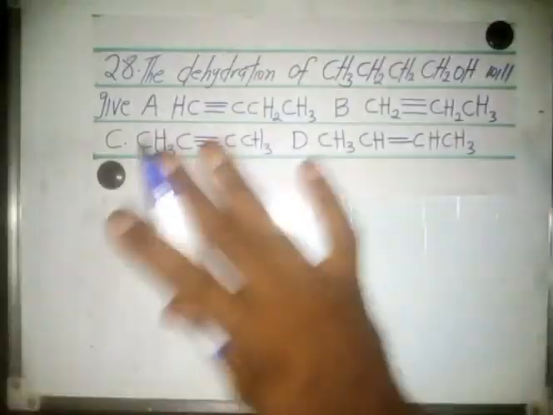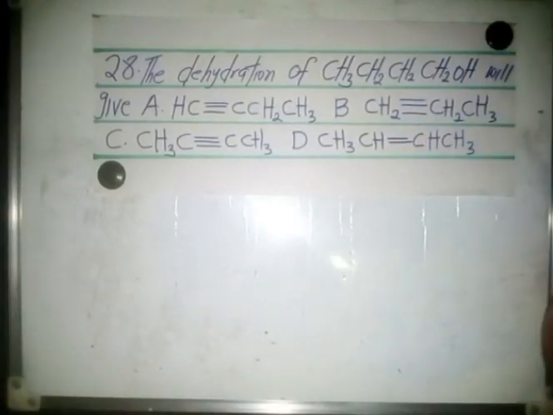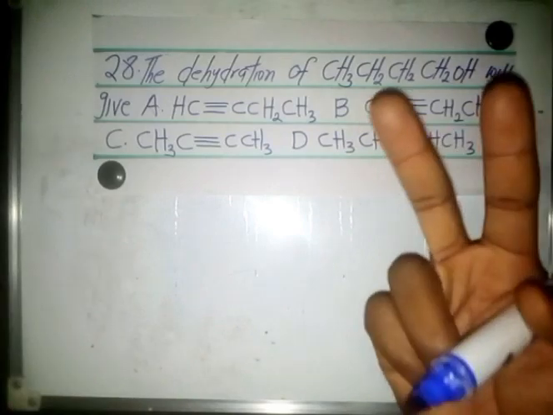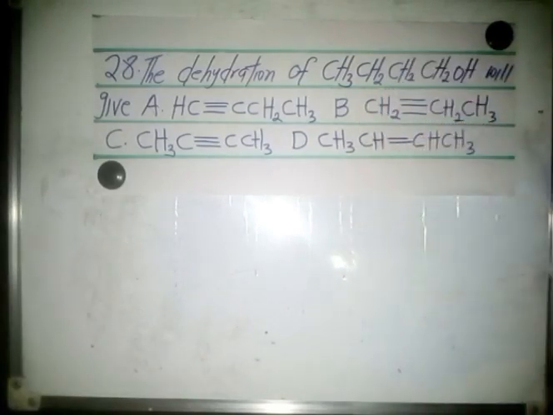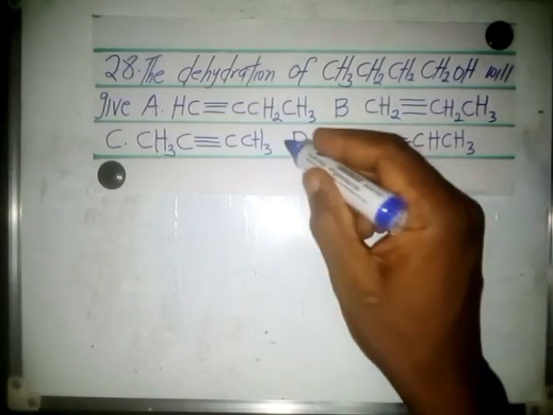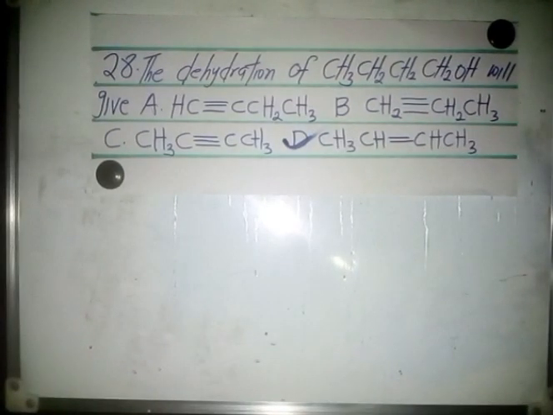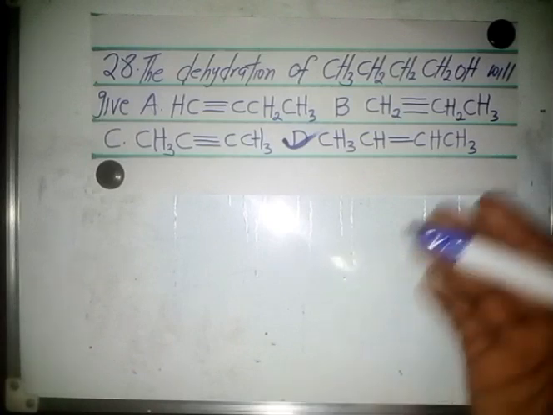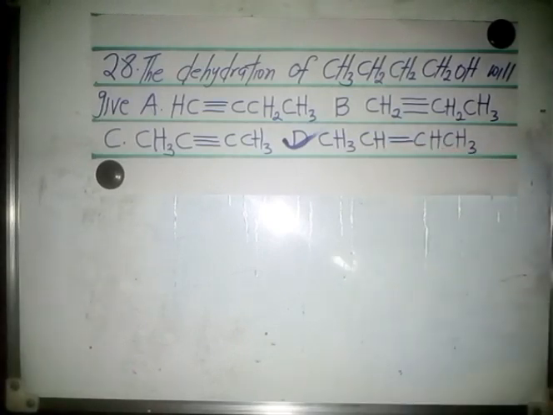So without wasting much time, normally there are two products that will be formed. But in this case, a major product that will be formed is this guy, right? Either it forms but-1-ene or but-2-ene.